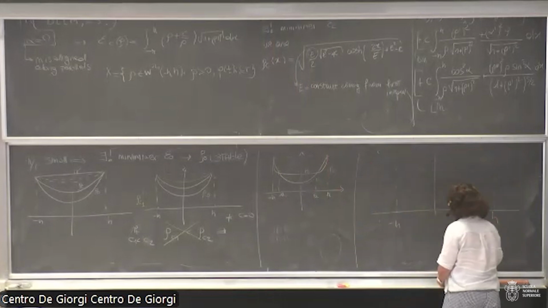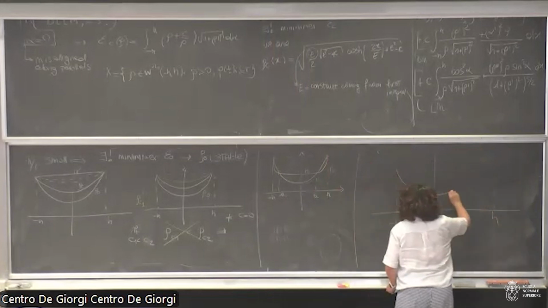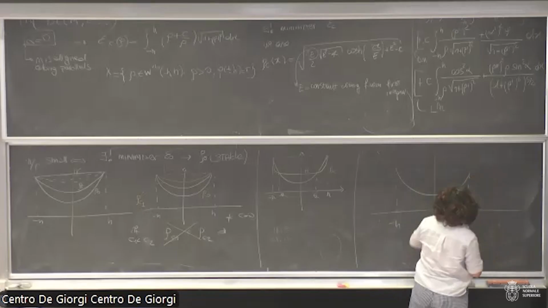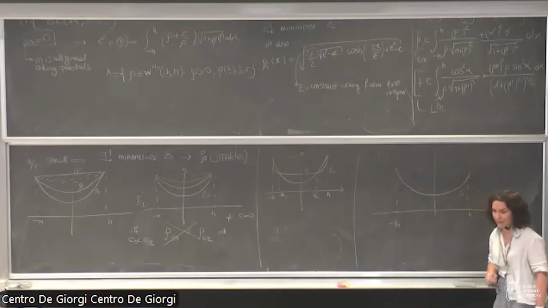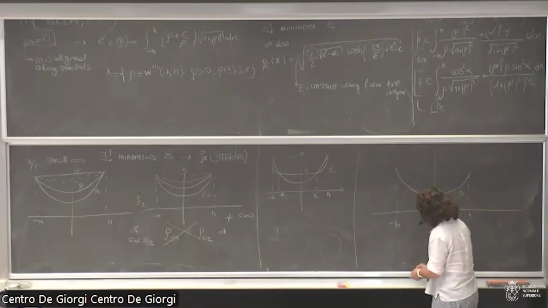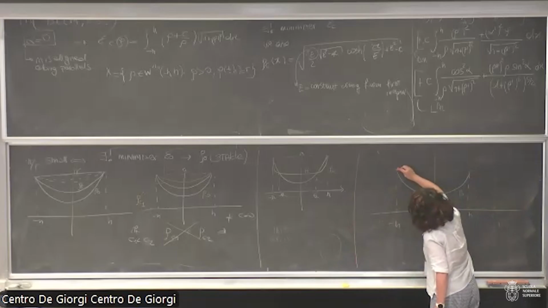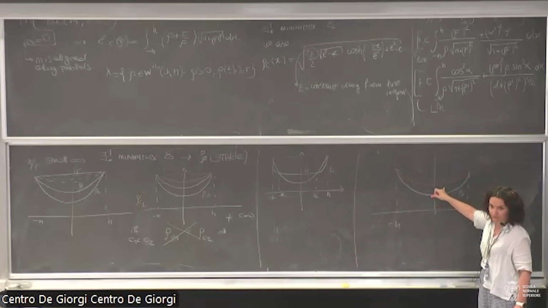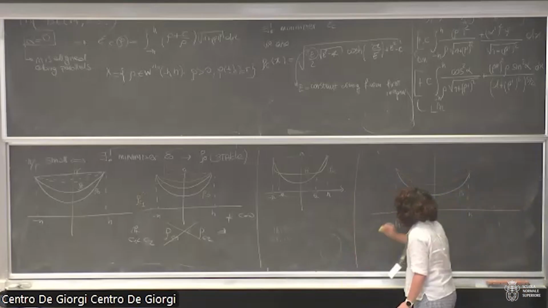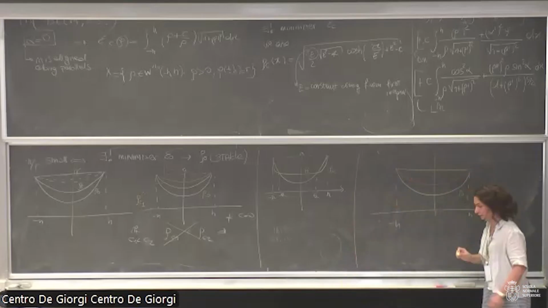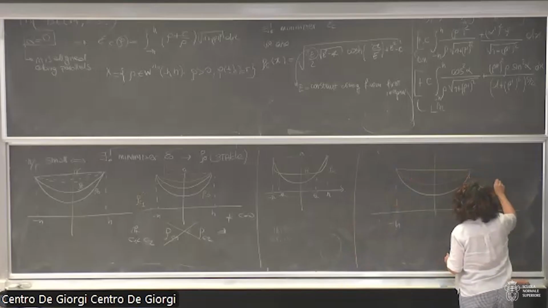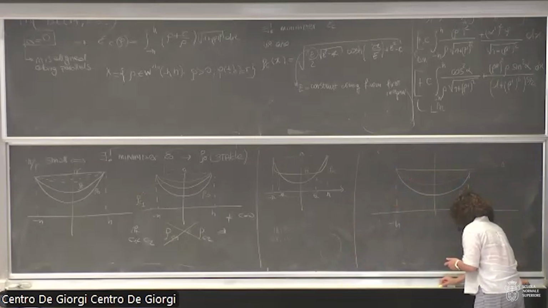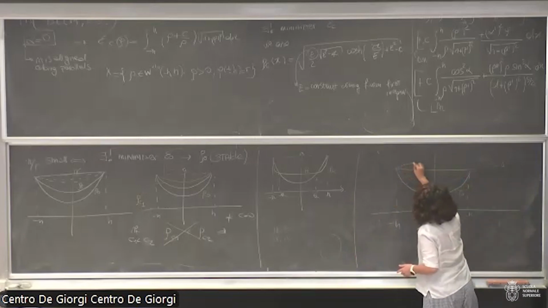Minus H, this is always my stable catenary. And our solutions are, for a small C, we get the fatter catenary. For C equal to 1, the cylinder, so this is for 0 less or equal than C less or equal than 1. This is for C equal to 1. And then, increasing C, we get a concave solution.